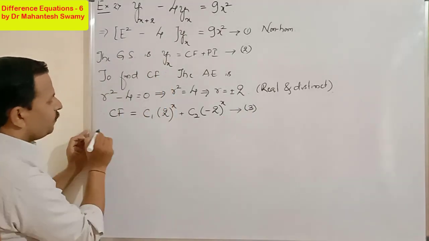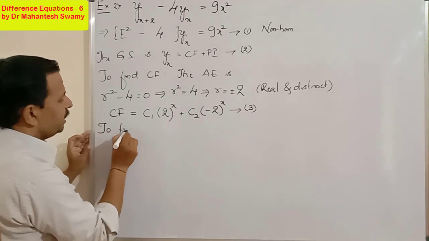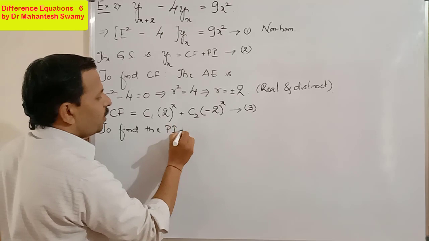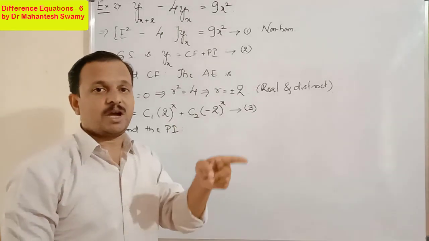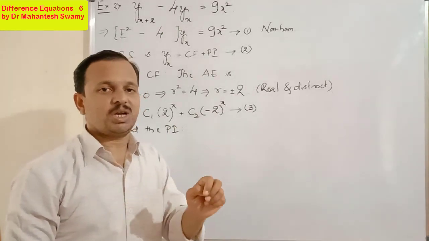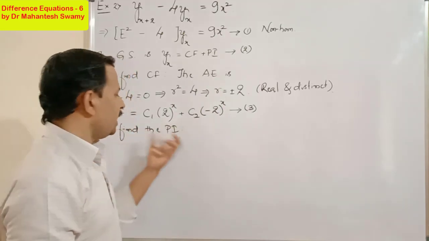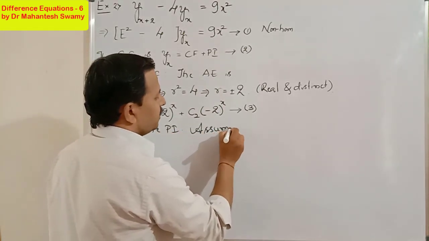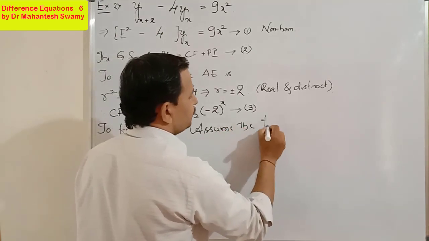Now we have to go for finding the particular integral. To find the particular integral, I will explain the alternative technique which I have mentioned in the discussion on the theory. So let us assume the trial function.